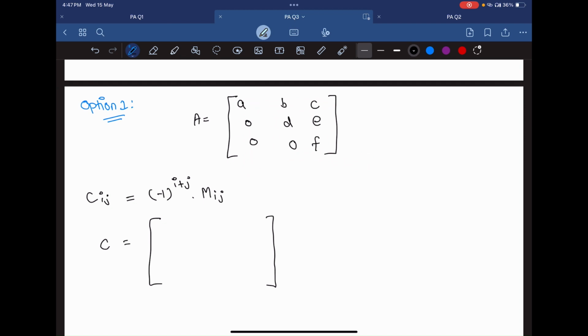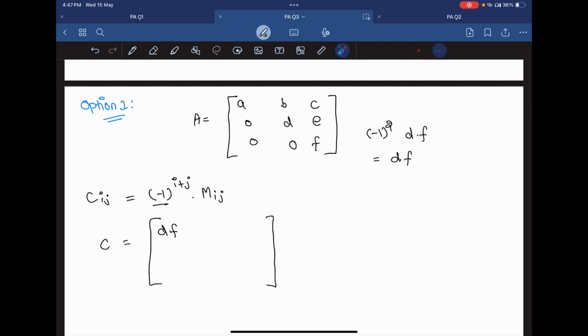So its determinant would be d dot f, and we will multiply with minus 1 power i plus j. So here we are finding the 1 1th entry, that is 1 plus 1, 2, so that is d dot f. So the first entry for the cofactor matrix would be d dot f. Similarly, we will try to find each and every entry.